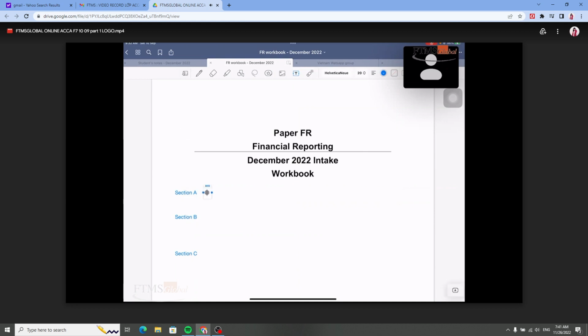Section A has 15 questions at 2 marks each, so 15 times 2, that will be 30 marks. Then for section B, it will be 3 cases with 5 questions at 2 marks each.